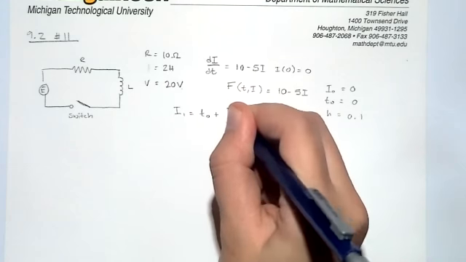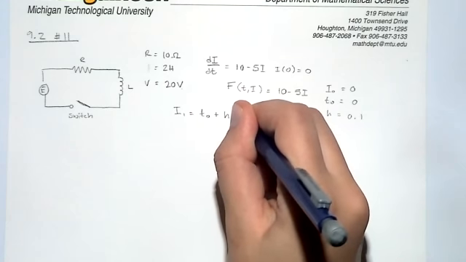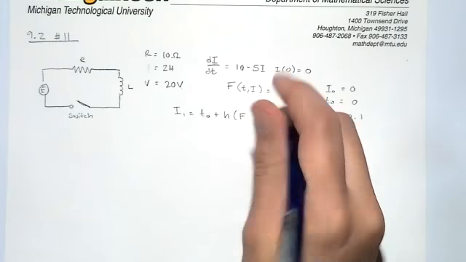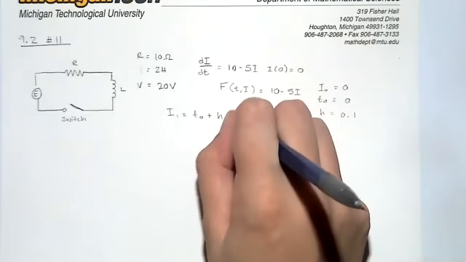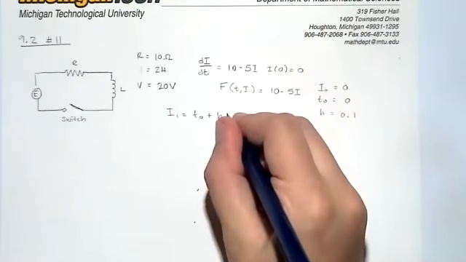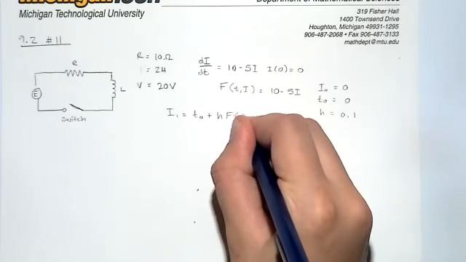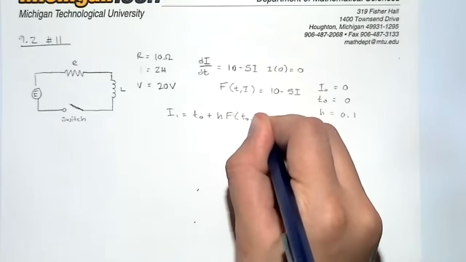I sub 0 plus h times f of t sub 0, I sub 0.